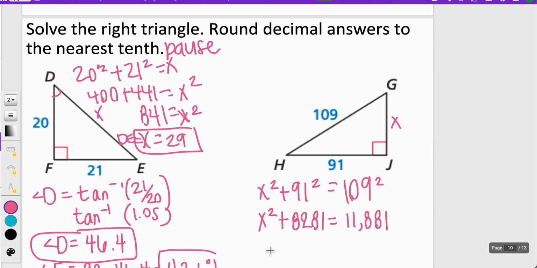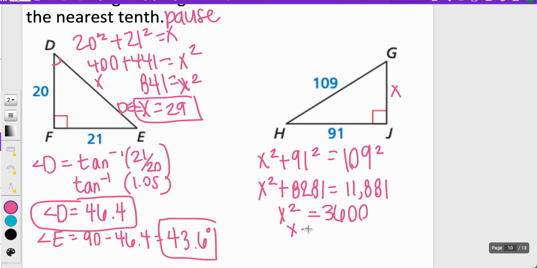Subtracting 8,281, 3,600. This will work out nicely. X is equal to 60. So right here, got my 60. Then I can use those following numbers. In this case, the given numbers, I'm just going to go off of those.